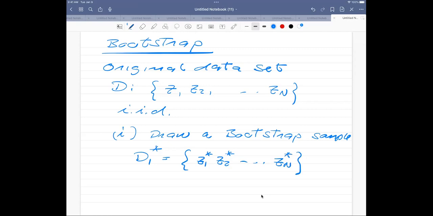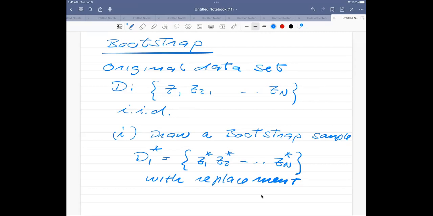And note now that this is done with replacement. This means that if Z1 originally was number 2, when I do replacement, I bring it back again. And next time, when I pick randomly a number, I can pick the same number again. So I could have Z1 equal to 2, Z2 equal to 2, and so on. So the idea is that you're going to make chains of numbers which are supposedly different.